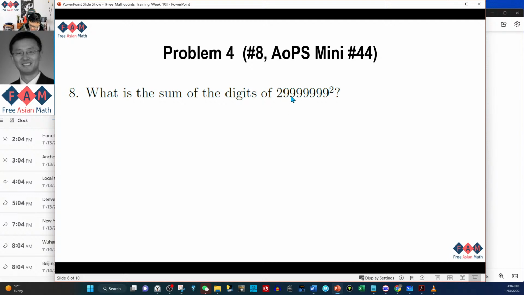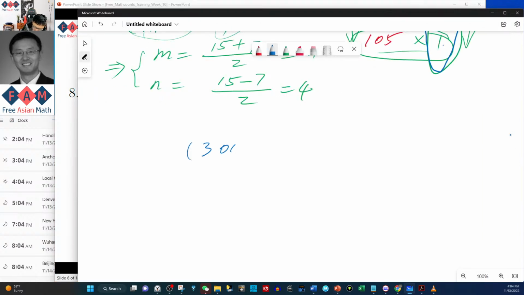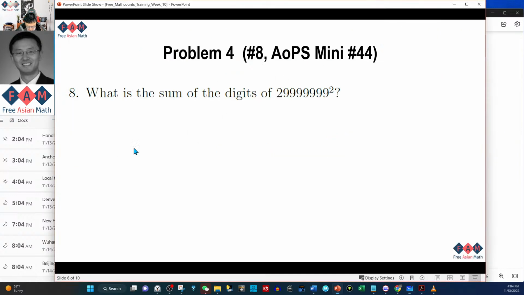We get 7, 9, 8 digits in total. So this has to be 3 and then 0 to 7 zeros. So you want 1, 2, 3, 4, 5, 6, 7 minus 1, because that's the same thing, and the square. That's the thing you want to compute, because that's exactly what this is.